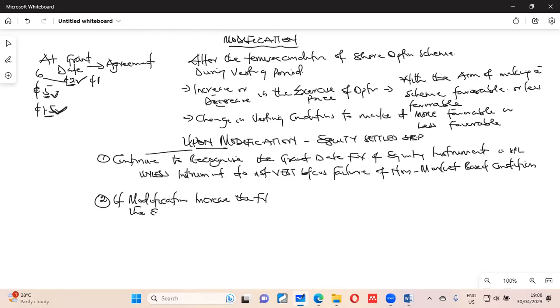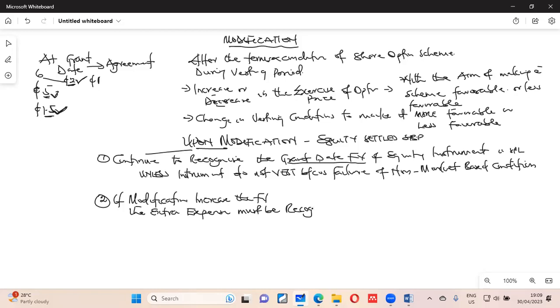So not all of them, because you've already considered what you had to do using the fair value at the grant date. So the extra that you have is expensed in the P&L. So extra expense must be recognized.